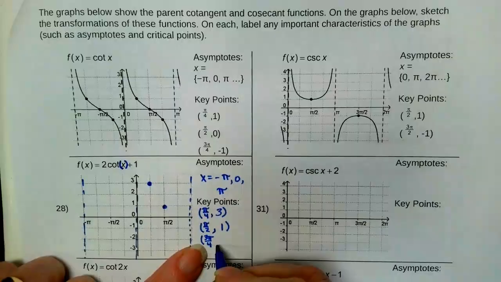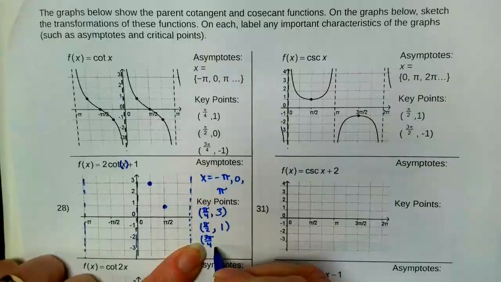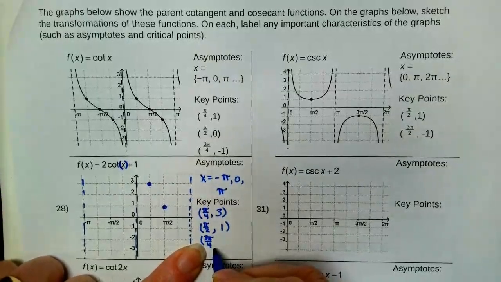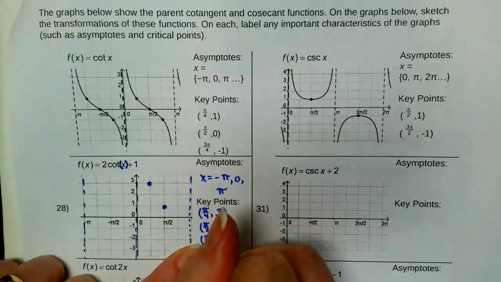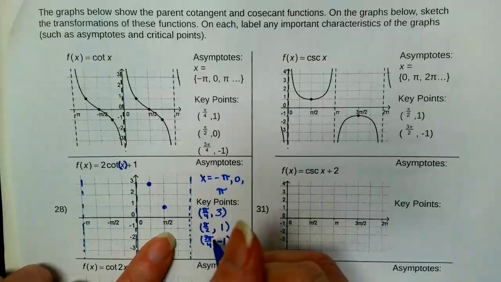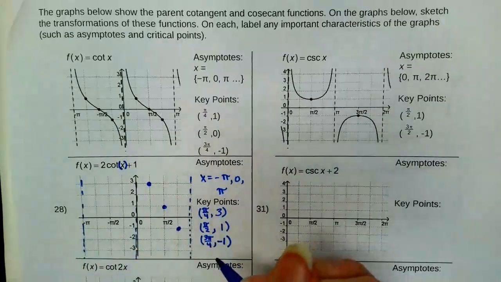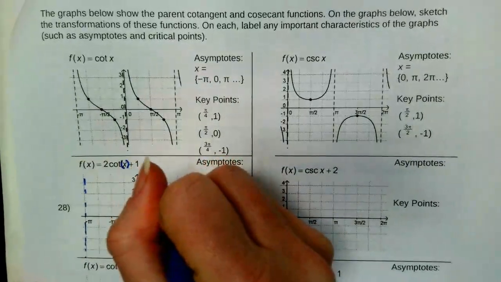My last ordered pair, I have the -1. I multiply that by 2 and get -2. Add 1, which gives you -1. I'm going to go to 3/4 pi, -1 and put a dot. And then you remember what it looks like.